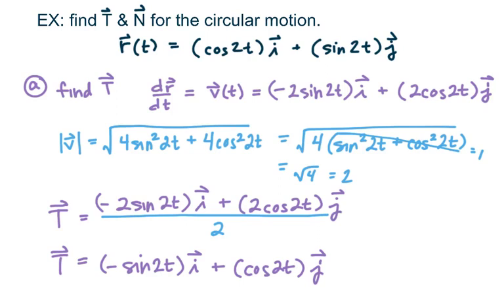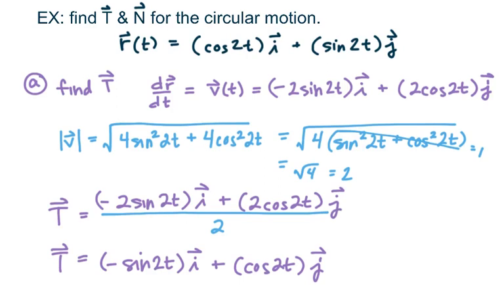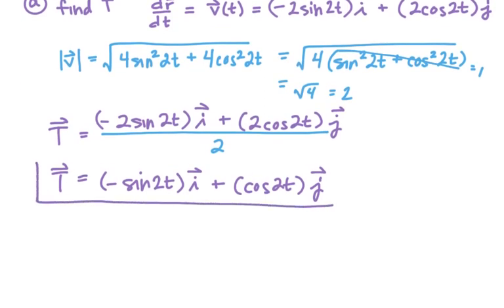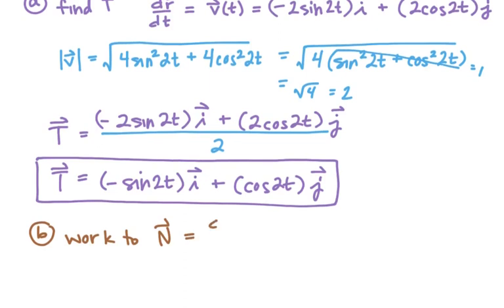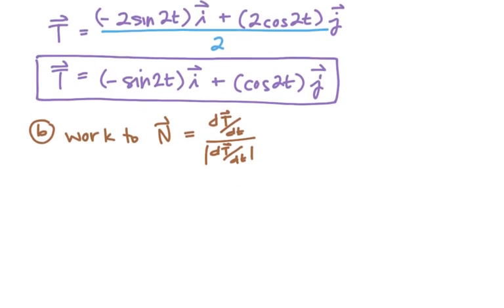Now I've got my tangent unit vector, and in order to find my principal unit normal vector, N, I need the derivative of T. For part B, we're working towards finding N. We know that N is the derivative of T with respect to t divided by its magnitude.